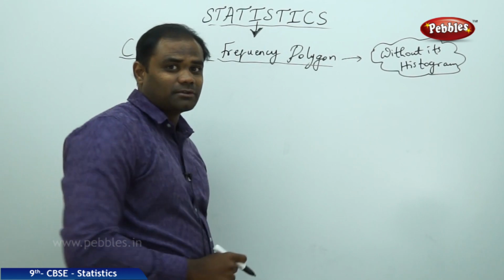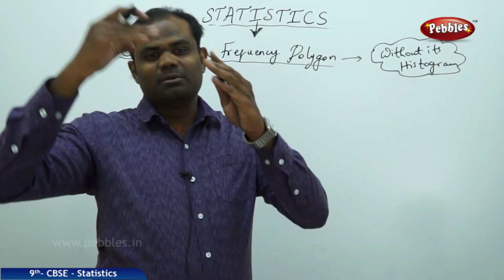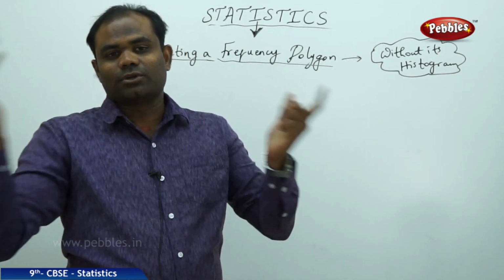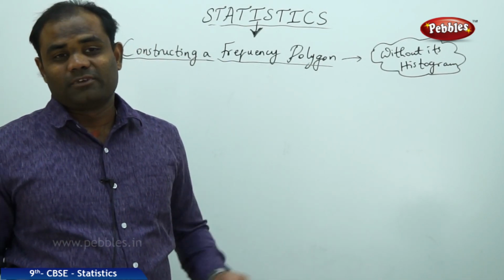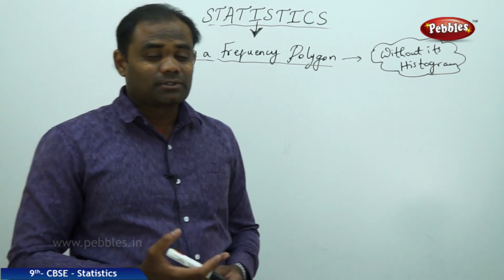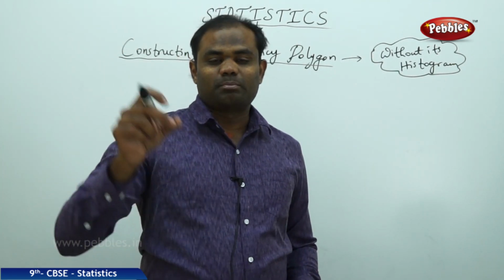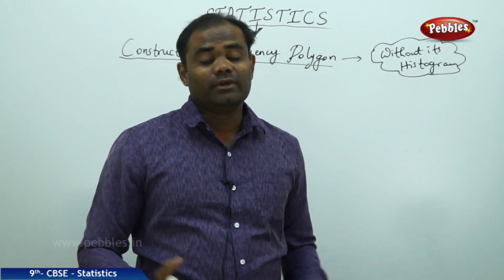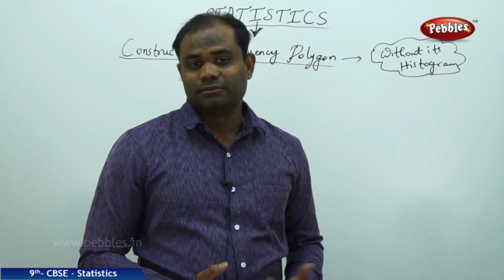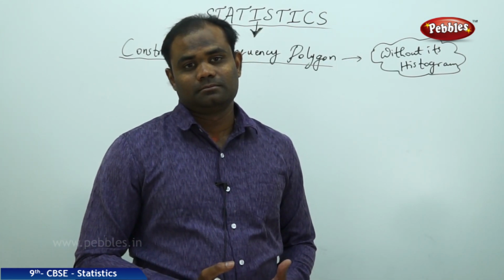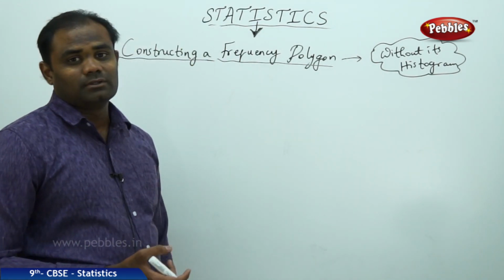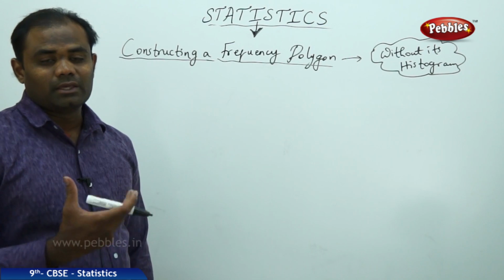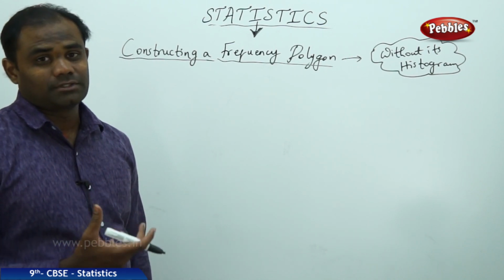If the histogram is given, it's very easy because we pick the midpoints of the top bars and just join, and we get an n-sided closed figure called a frequency polygon. But if the histogram is not given, it is very difficult to pick the middle points, and hence we have some other method which we use here. So let's see how we can construct a frequency polygon for given data without constructing the histogram.